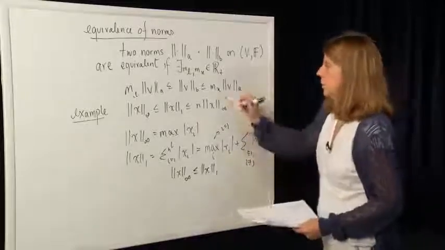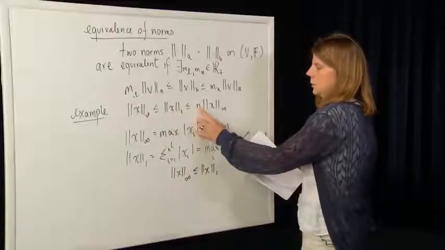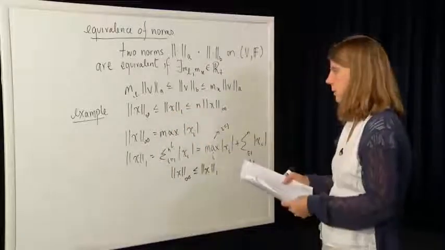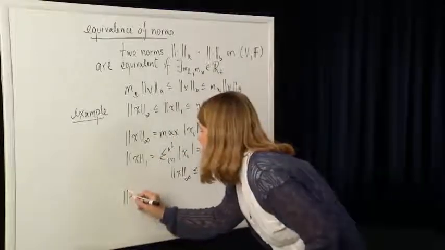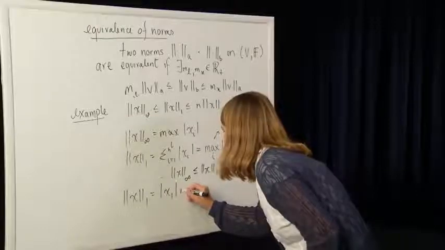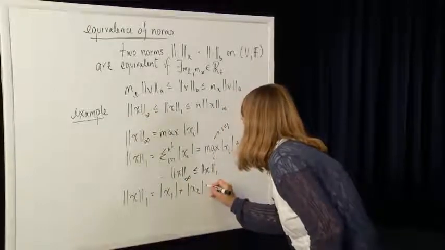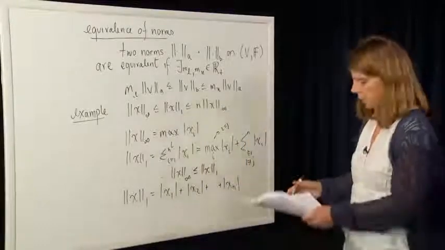And then if we wanted to show this relationship here, that the 1 norm of x is less than or equal to n times the infinity norm of x, we can look at the 1 norm. Let's write it out as x_1 plus x_2 plus up to x_n, to make it a little clearer.